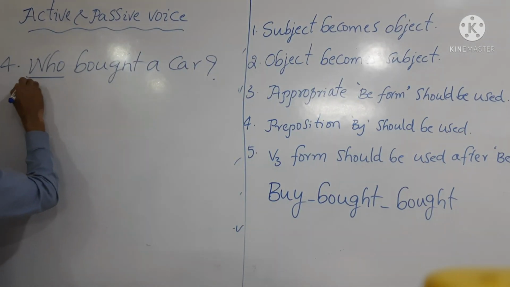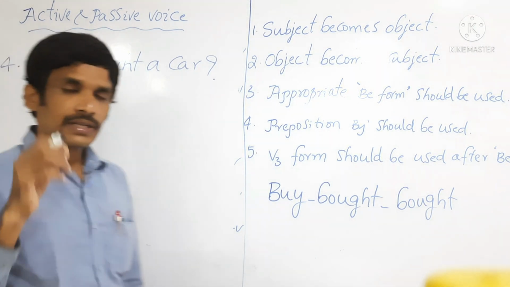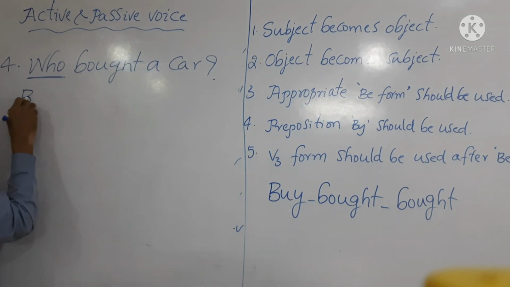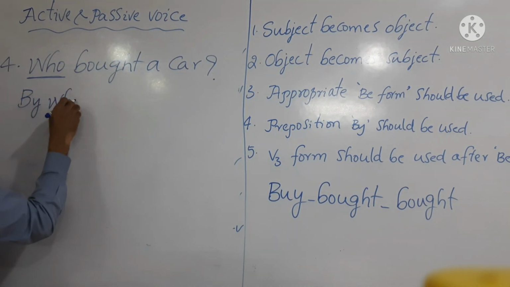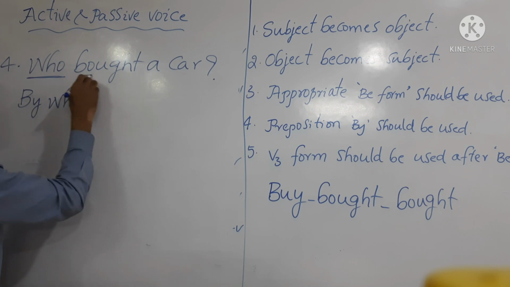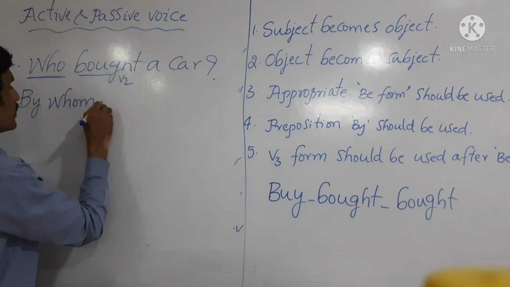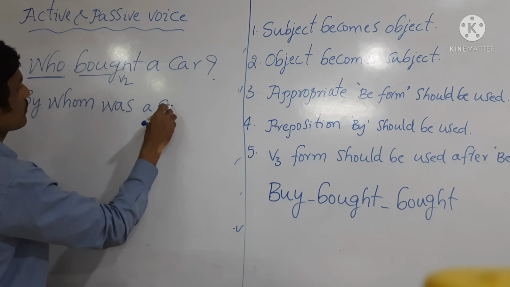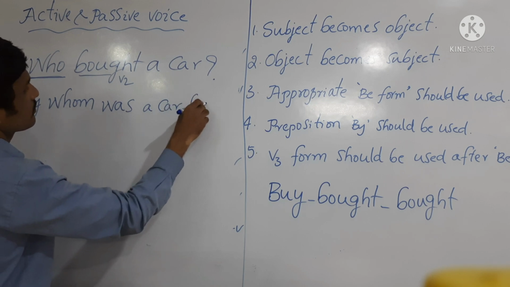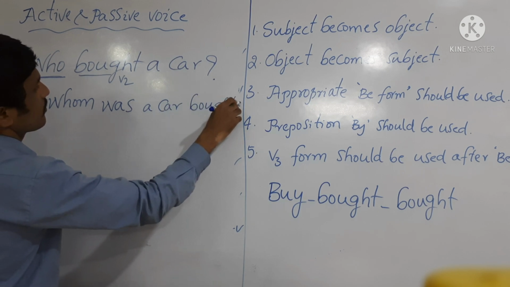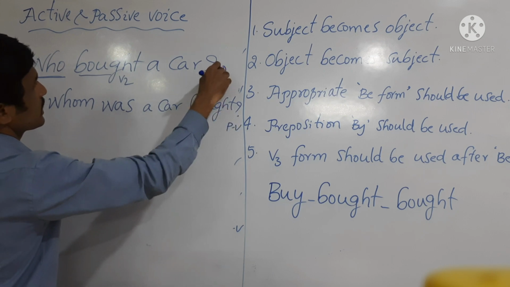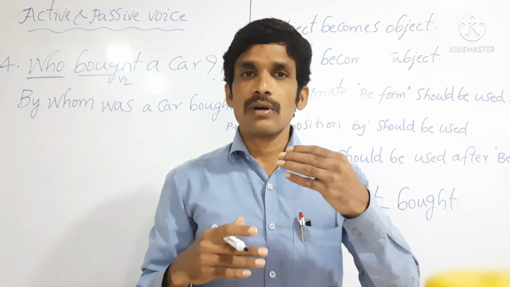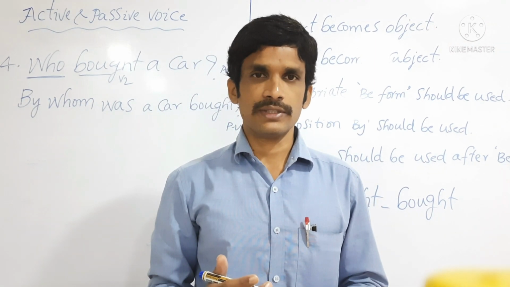And if it is who, the passive voice begins with "by whom". Bought is past tense, right? So after that the be form of the past tense, was. By whom was a car bought. This is passive voice. "Who bought a car?" is active voice. "By whom was a car bought?" is passive voice.